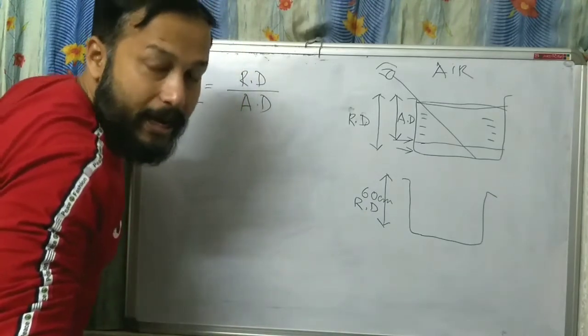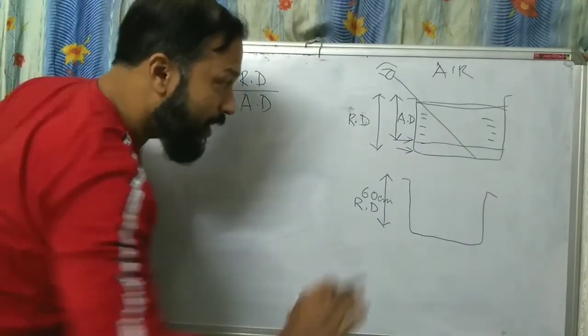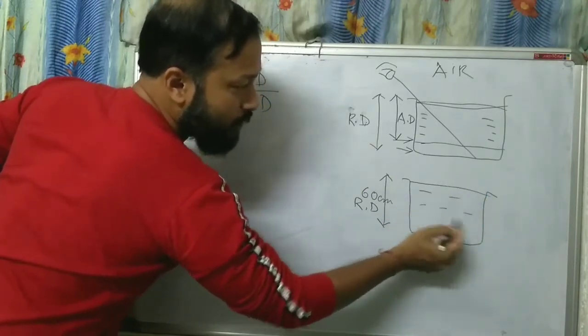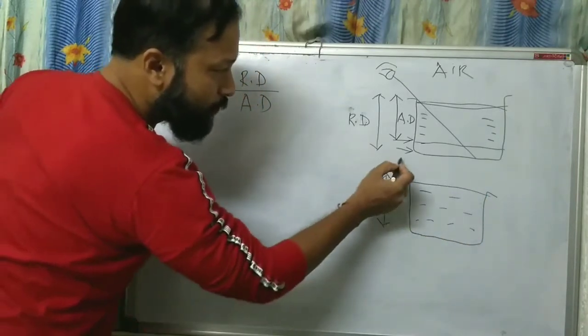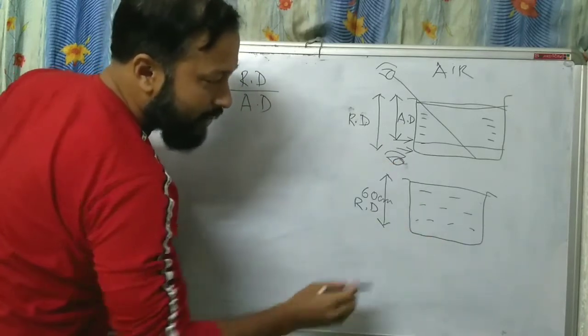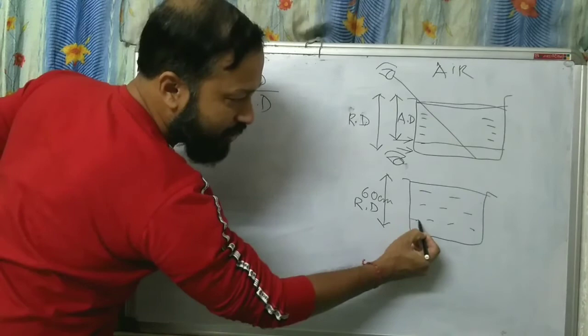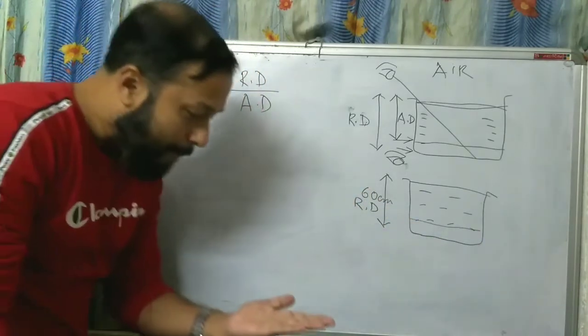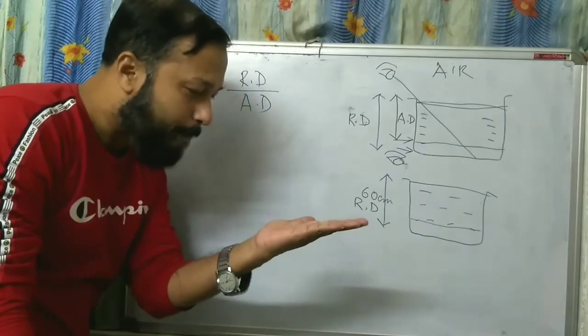Fine. Now we are filling this with water. With water this is filled up. Now if you see the depth, then you will find that the base is here now. You will see that the base of the vessel is raised up.